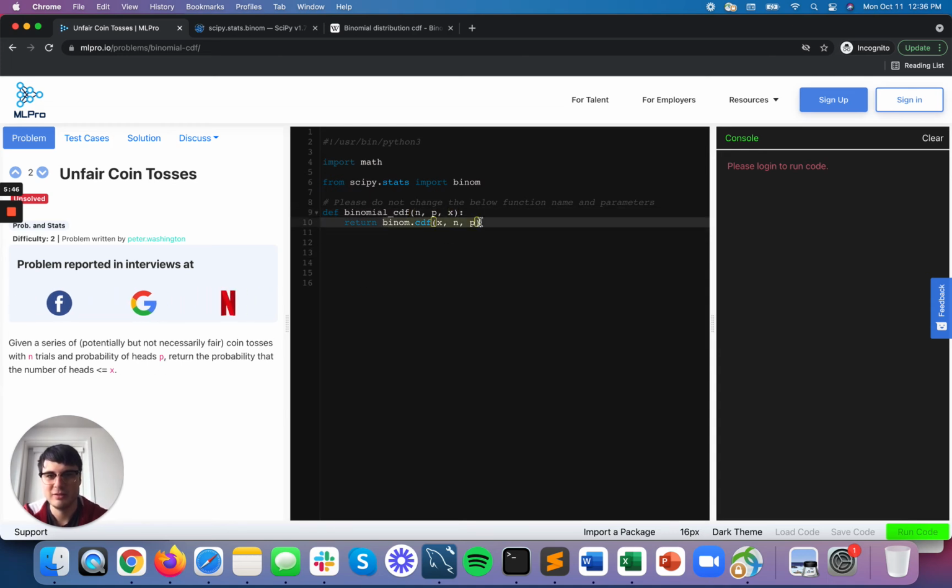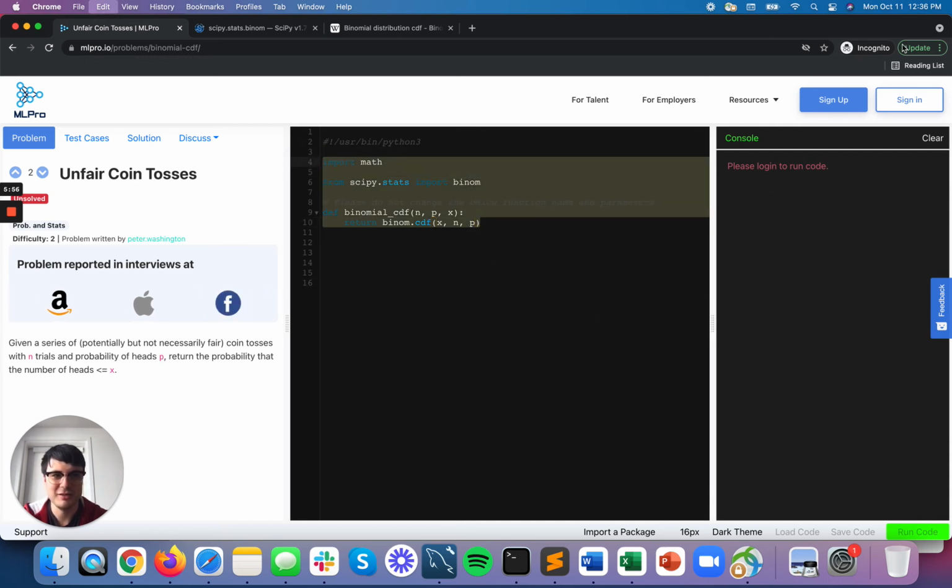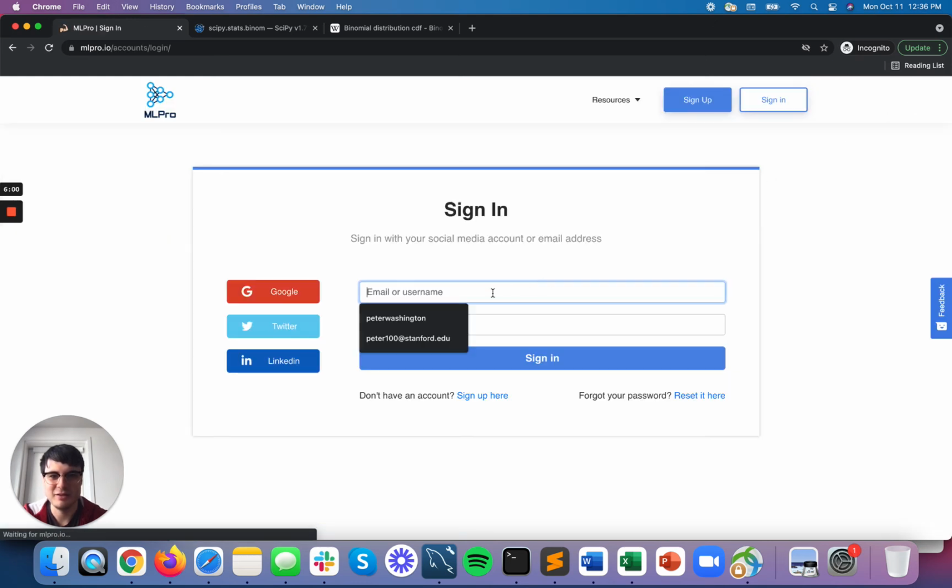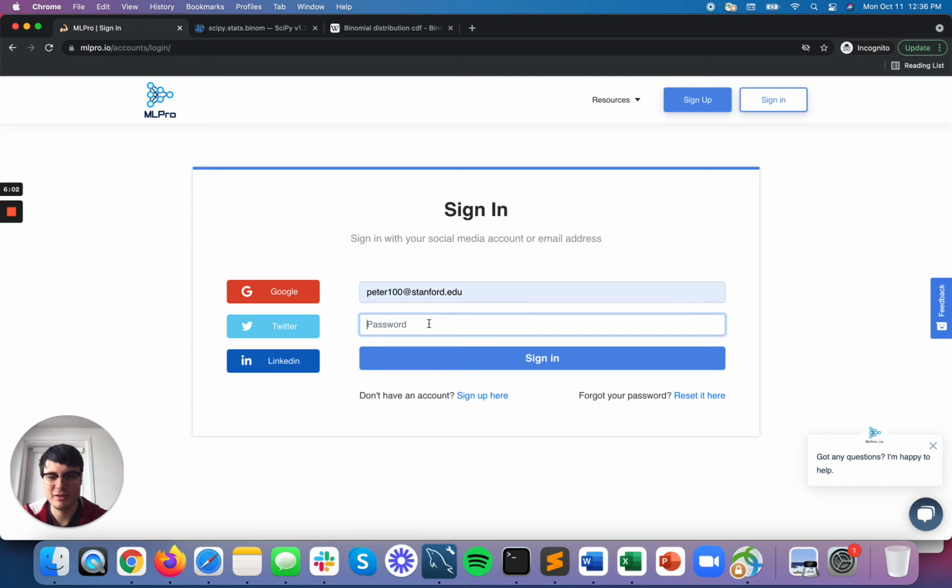In the SciPy version, the parameters are shifted a bit. But yeah, if we run this code, which I'll have to sign in to do, then it should work out.